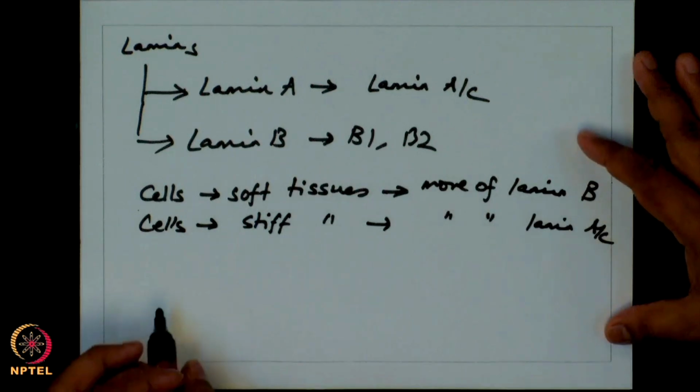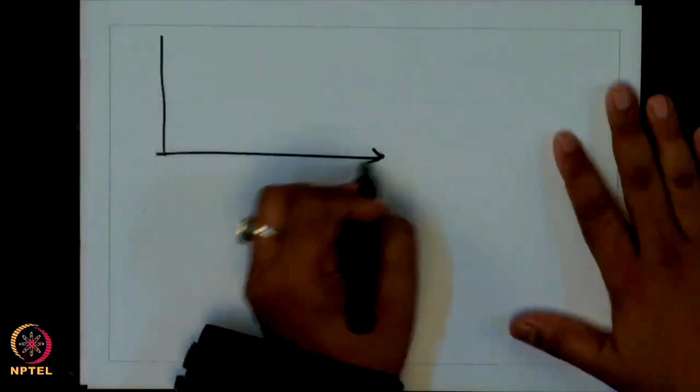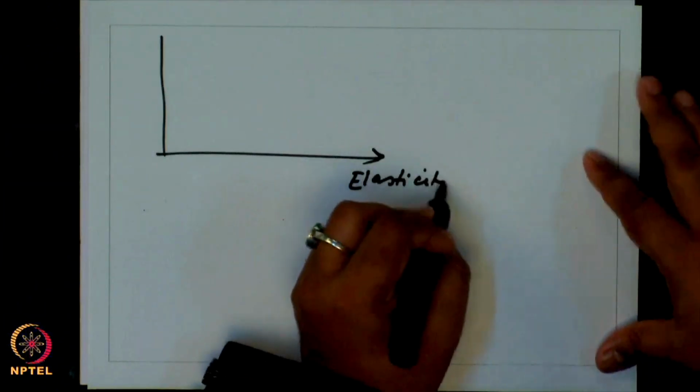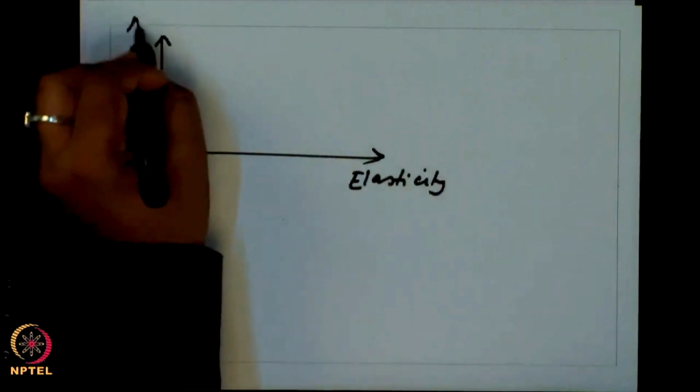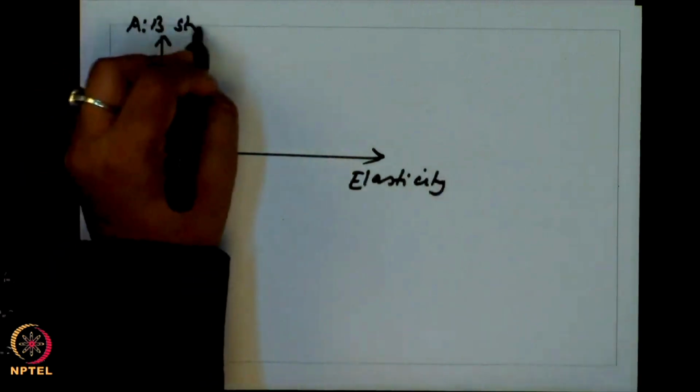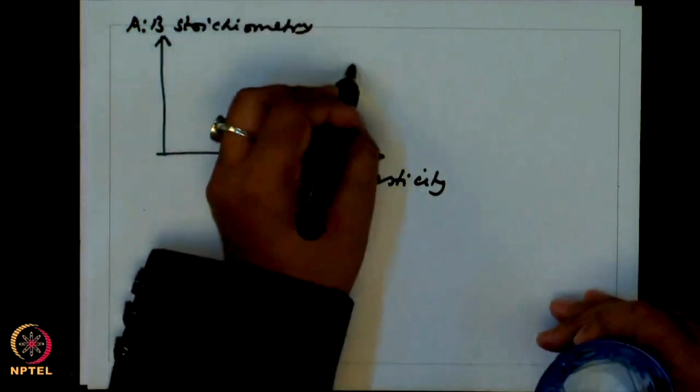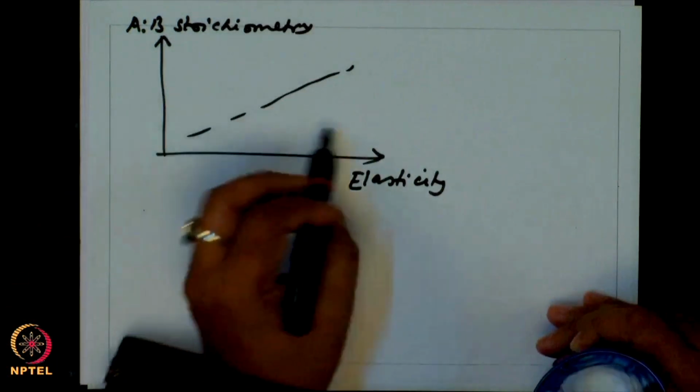If you plot the stoichiometry of lamin A to B, where the x axis is tissue elasticity and the y axis is A to B stoichiometry, you get a scaling relationship.